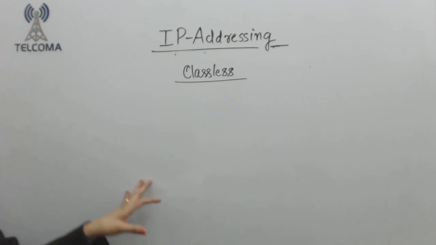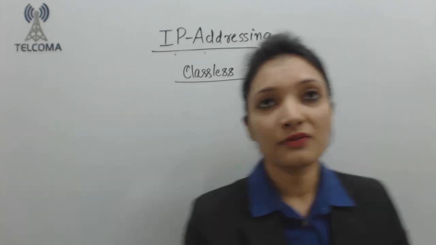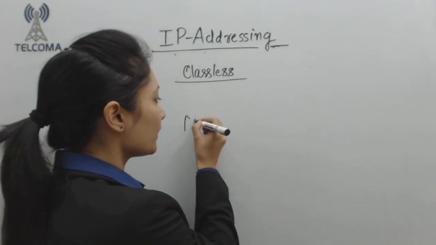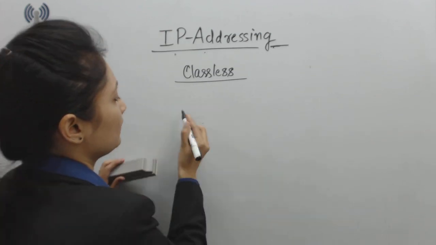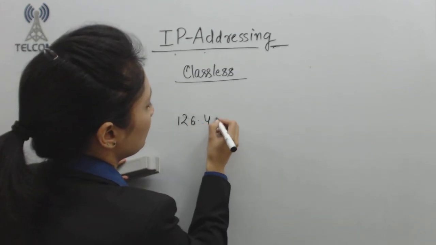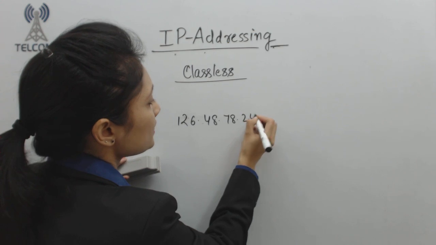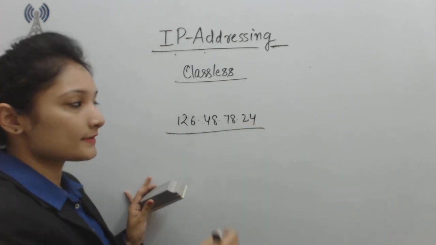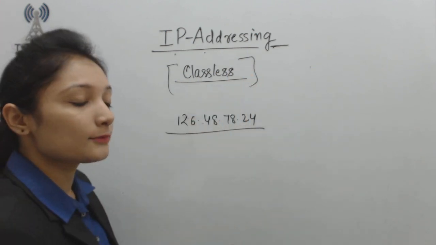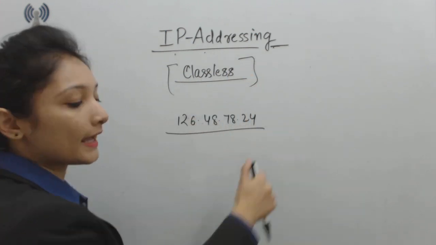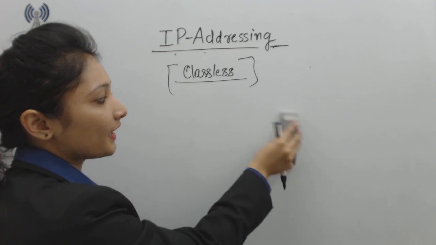It doesn't have the concept of classes. That means we don't have any class A, B, C. So if you see an address like 126, according to classful addressing this is a class A address, but here we don't have the concept of classes, so this is not a class A address.